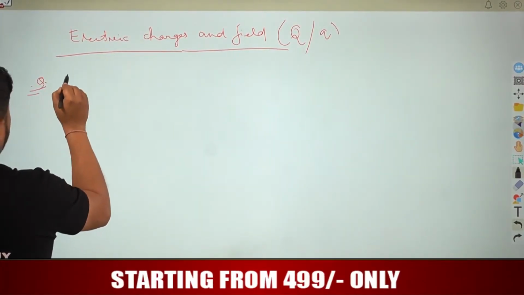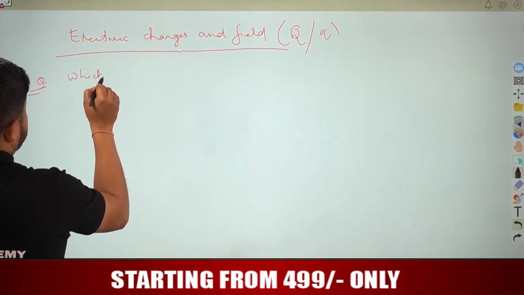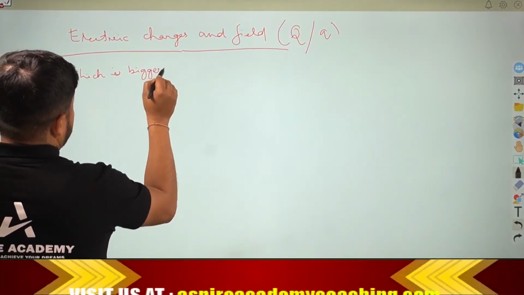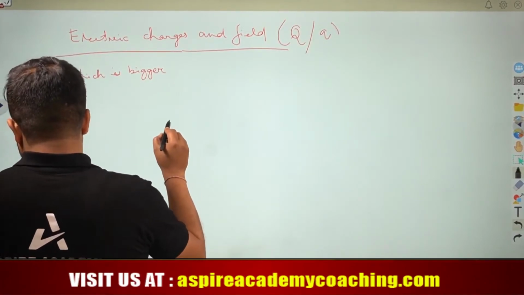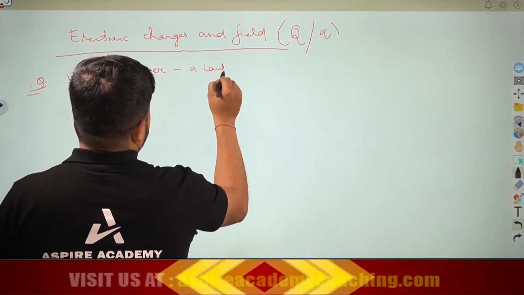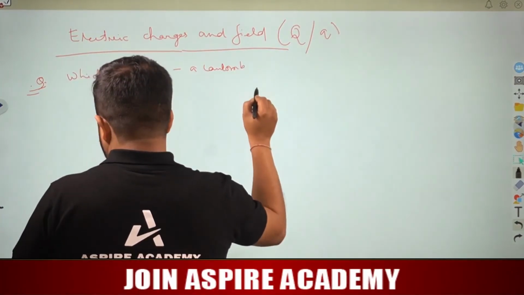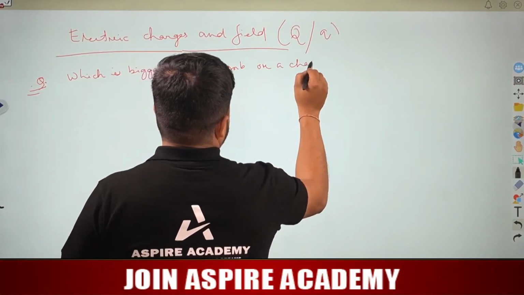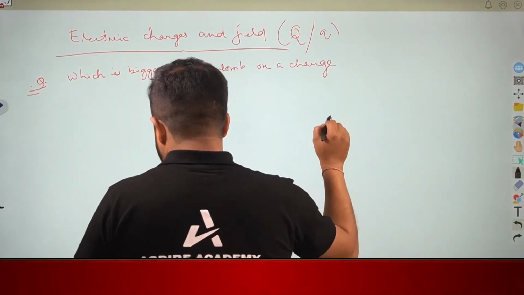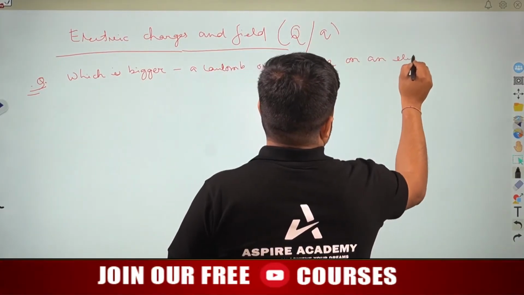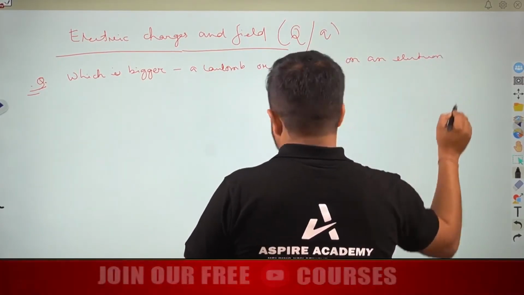Which is bigger: a coulomb or the charge on an electron?